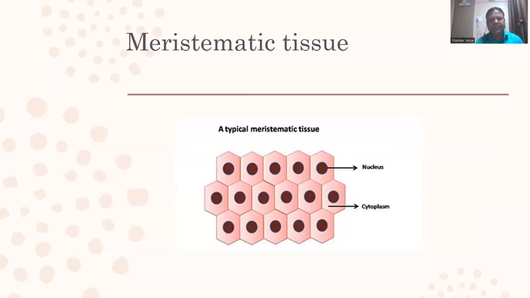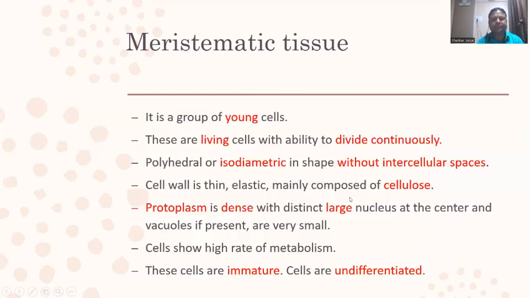No doubt they have distinct nucleus, very thin cell wall, and they are constantly divided. They are active ones. Centrally placed nucleus is shown, full of cytoplasm. Thin cytoplasm is also present. Thin cell wall is present.